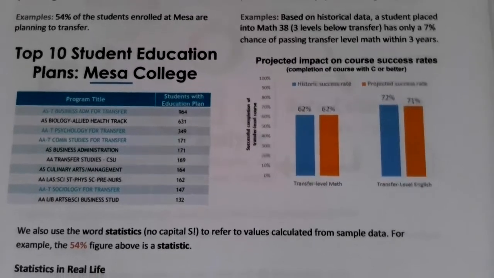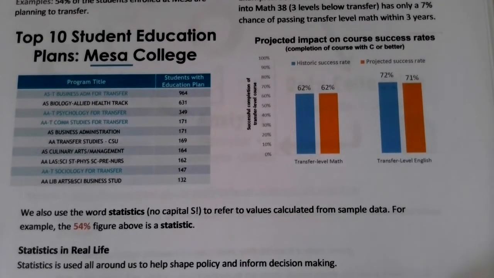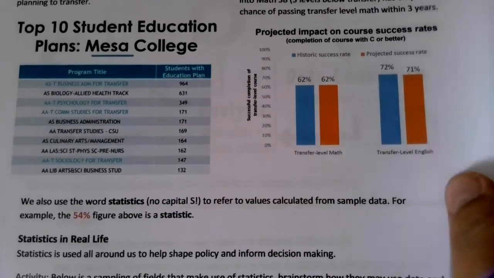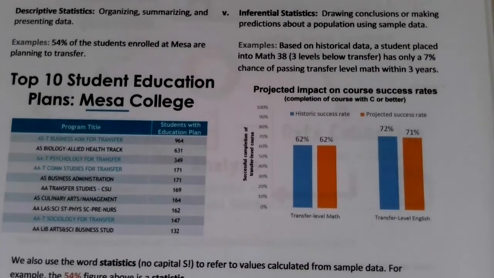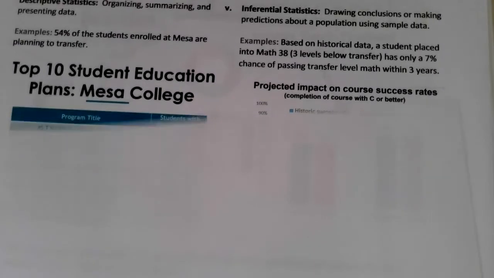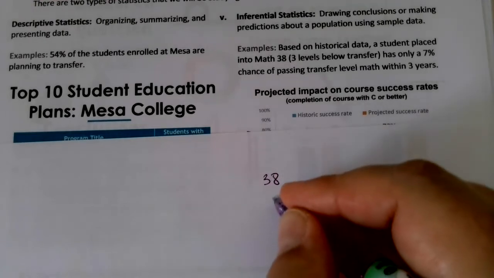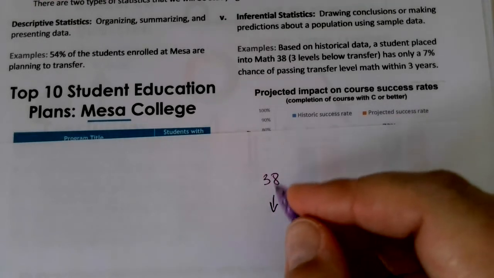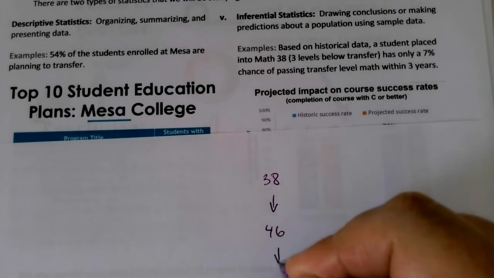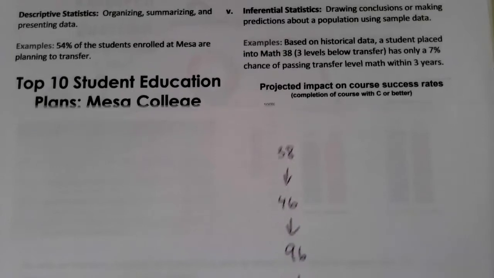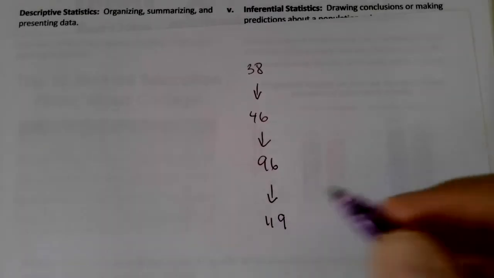So what happened was, when students were placed in Math 38, they had to progress to Math 46 and then 96, and only then they could be placed into Math 119. So this was the progression.